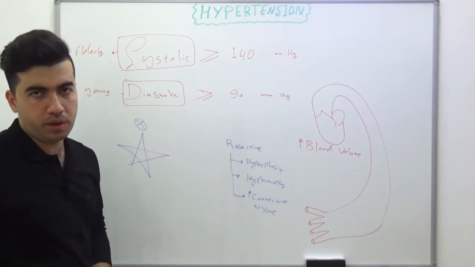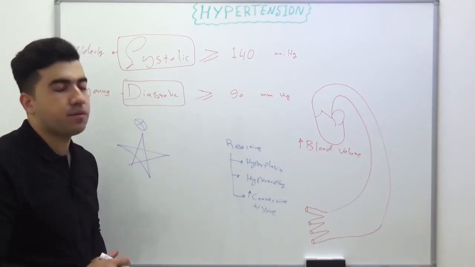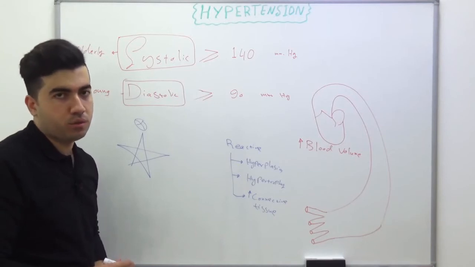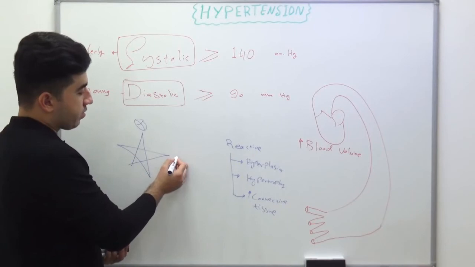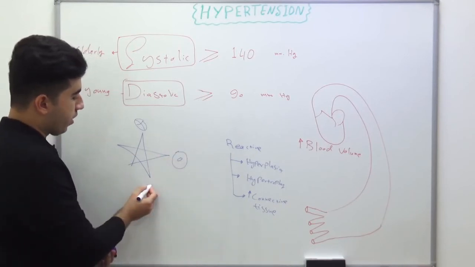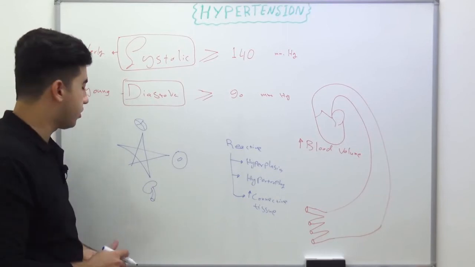Then we will talk about the hypertension complications in detail. We have cardiac complications, we have vascular complications, then we have renal complications. Kidney disease is very, very common, caused by hypertension.